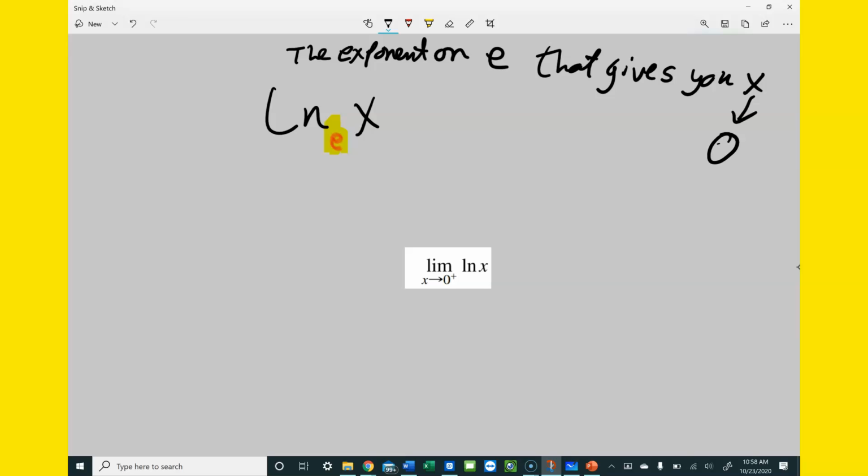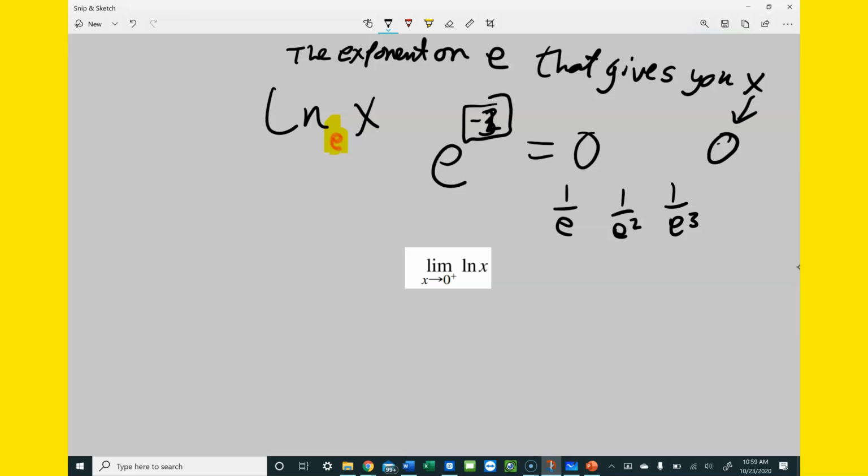So we can rewrite that and think about it like this. e to the what gives me 0? What would I raise e to to get 0, or to get close to 0? If I raise e to anything positive, it's just getting bigger. But what if I raise e to the negative 1? That's 1 over e. If I raise e to the negative 2, that's 1 over e squared. If I raise e to the negative 3, that's 1 over e cubed.